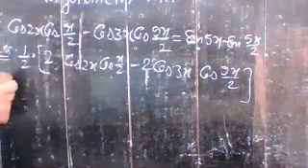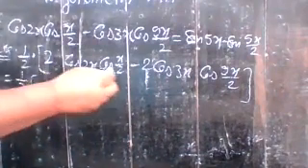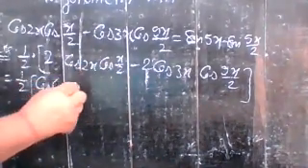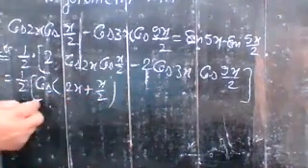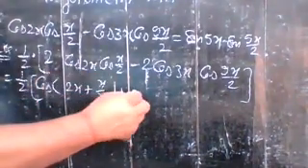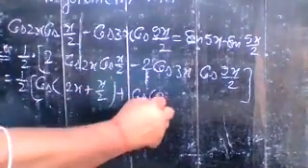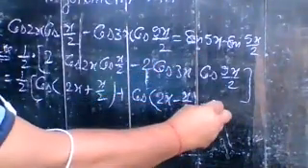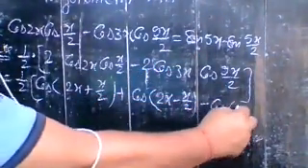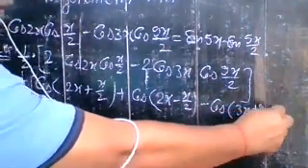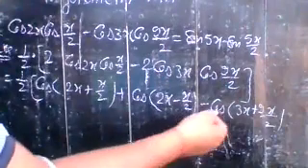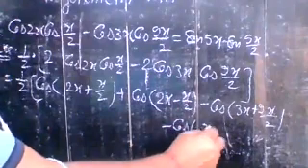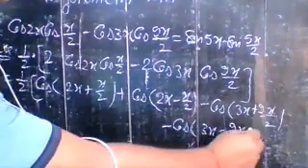Applying here, 1 by 2 into cos (x plus y), so you can write 2x plus x by 2, plus cos (x minus y), that is 2x minus x by 2. In the same way, here applying minus cos (x plus y), so 3x plus 9x by 2, and then due to the negative sign you write negative cos (3x minus 9x by 2).